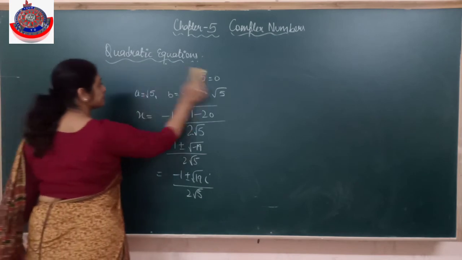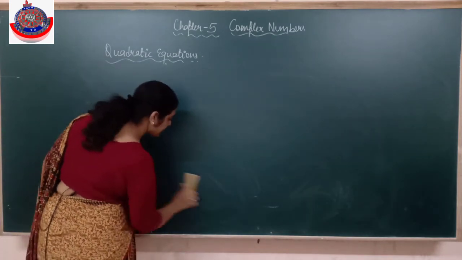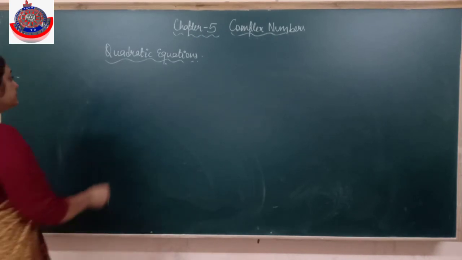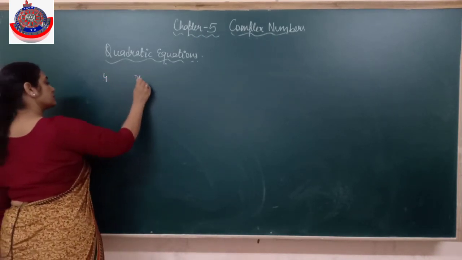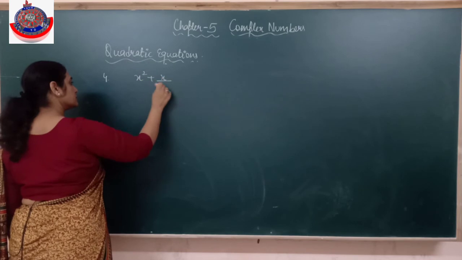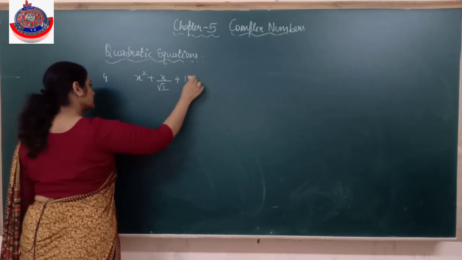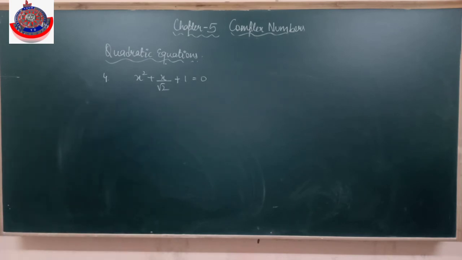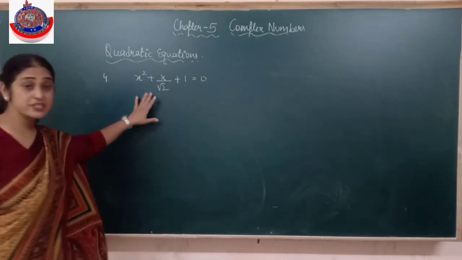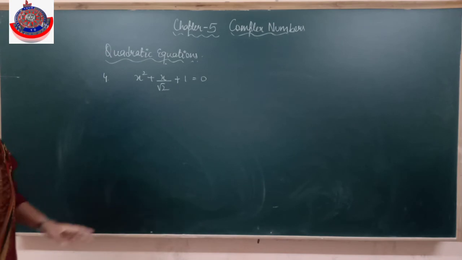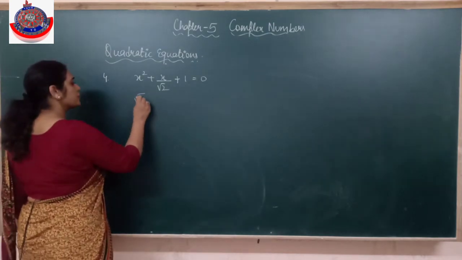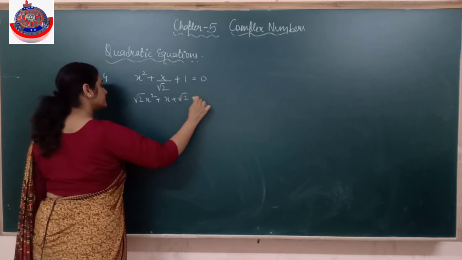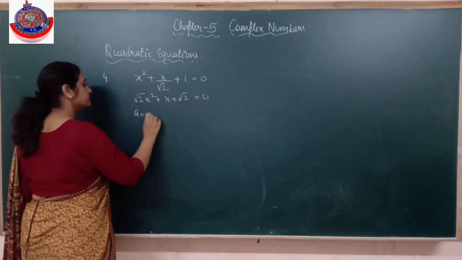Alright. Just one last example I'll pick up. I have to solve x square plus x upon root 2 plus 1 is equal to 0. Whenever you have some fractions, better you take LCM and solve it first, so that there is no confusion and no calculation mistake. Now what is A?